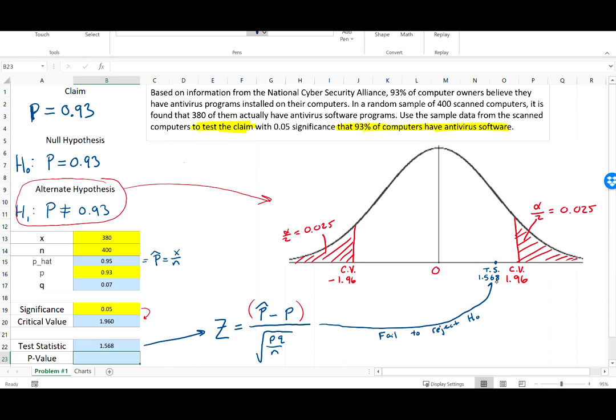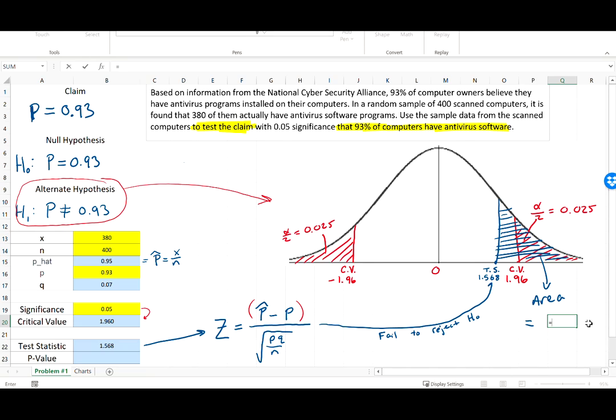And then there's the p-value method, which is just another way of doing the exact same thing. For the p-value, we need to figure out this area outside of that test statistic and then double it. We don't always double it, but we double it with a two-tail test. So we'll use the normal standard distribution function in Excel.